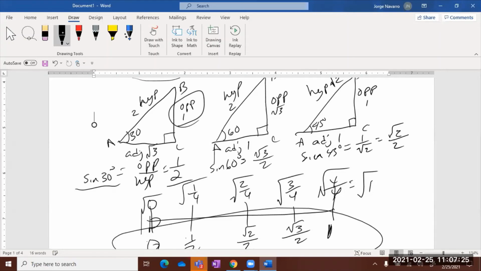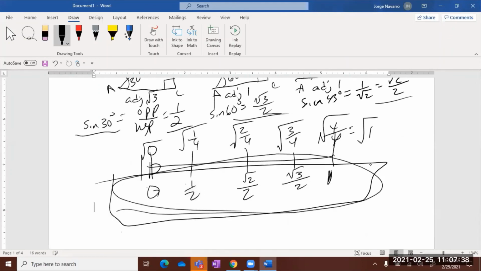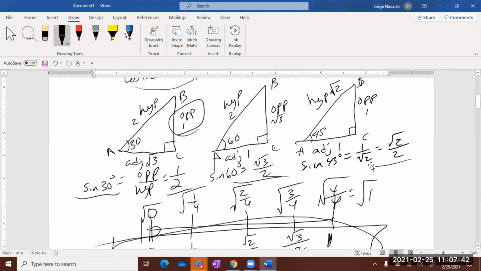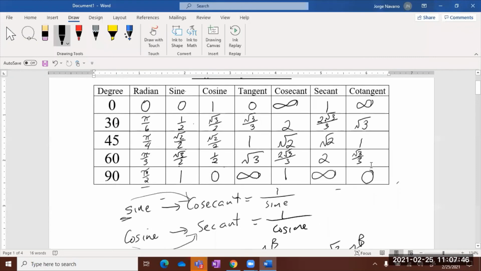So these are the values from the triangle. But why am I going to go way back to the triangle if I can find an easy trick to alleviate me going and flipping over and over on my notebook for these numbers right here?